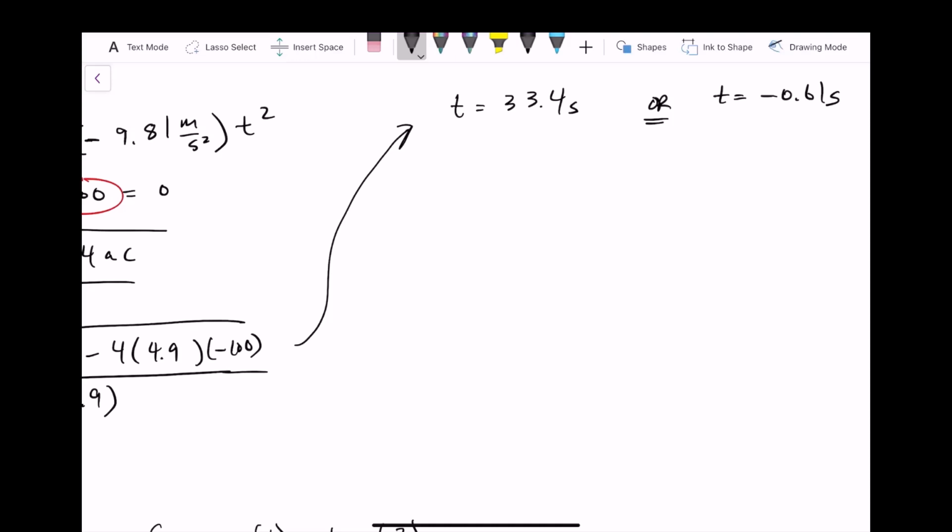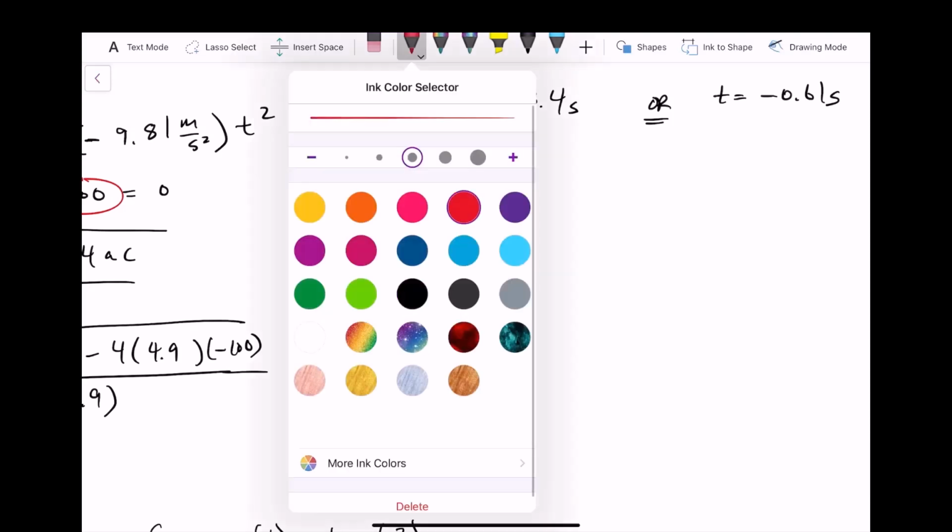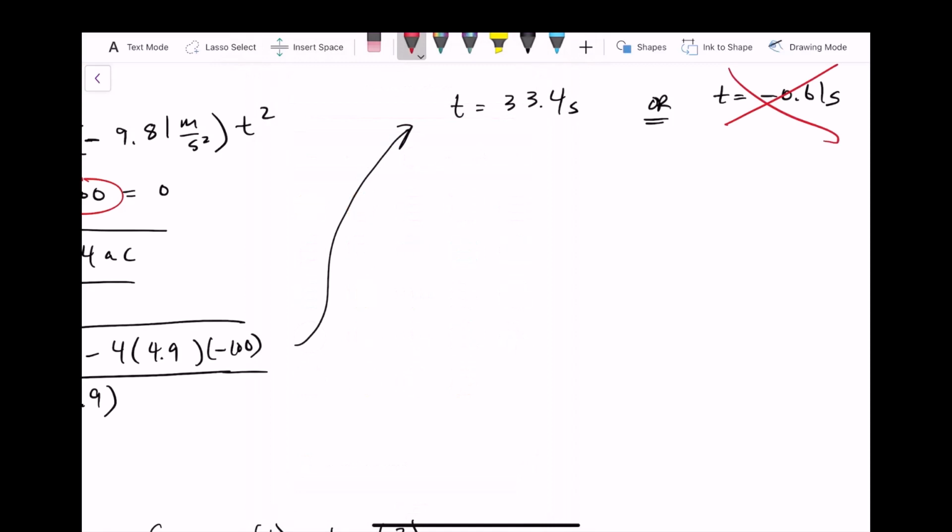But obviously, practically for this problem, the second one does not work because we can't go backwards in time. And so we are going to use t is equal to 33.4 seconds to continue our solution.